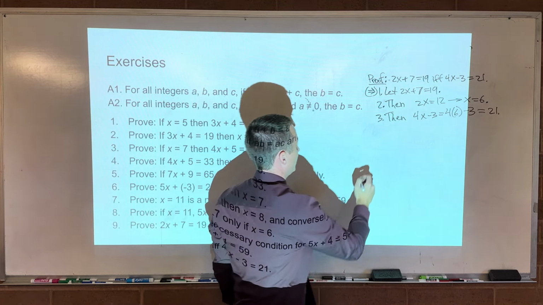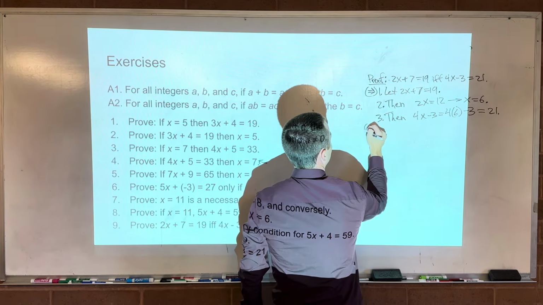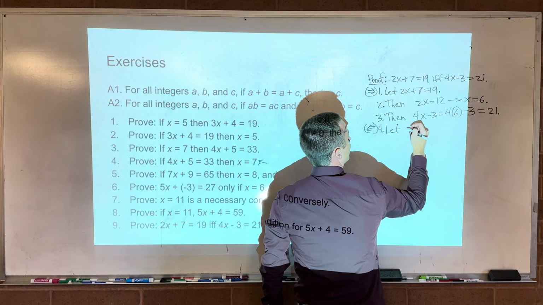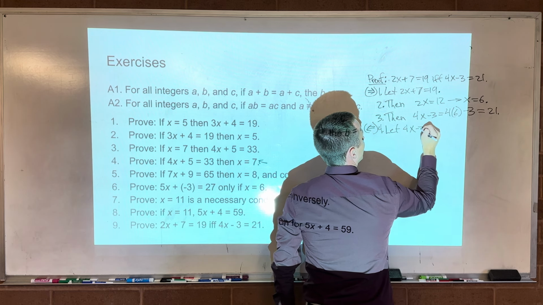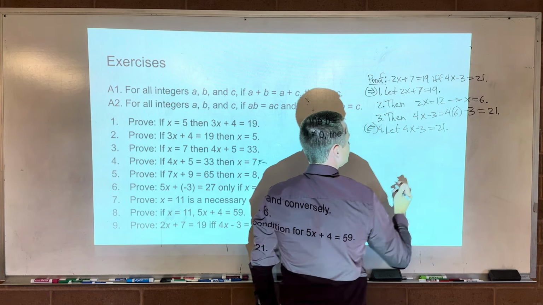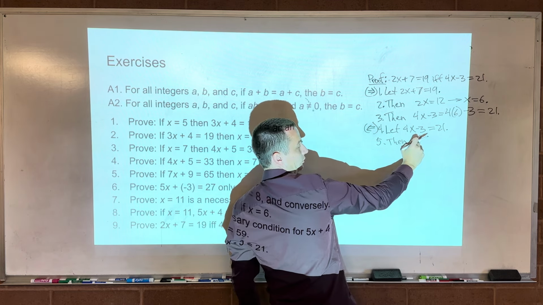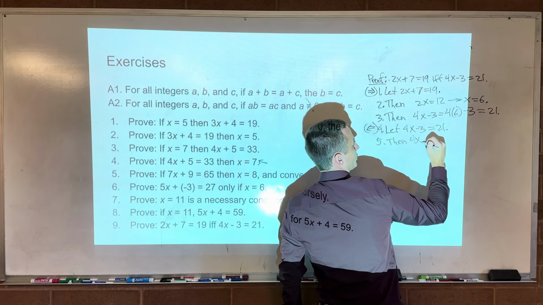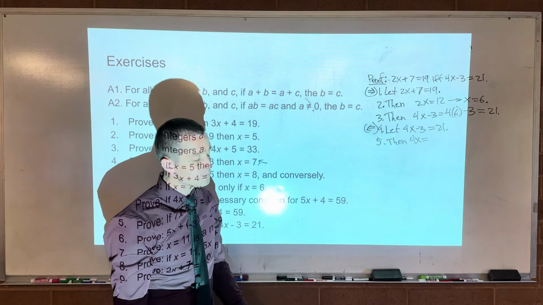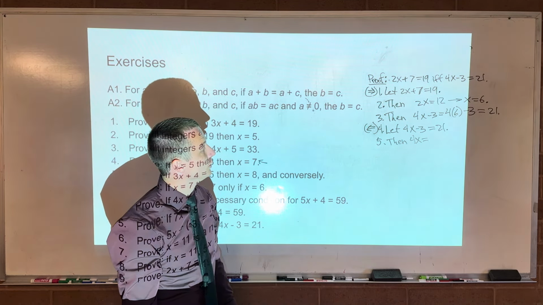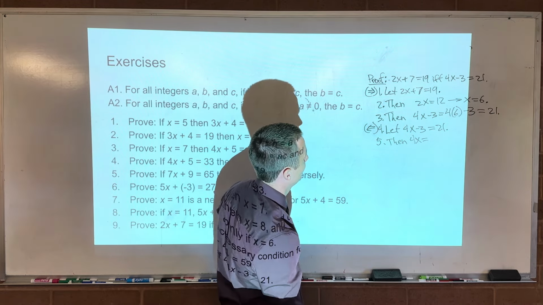Now I need to prove it the other way. So now we let 4x minus 3 equal 21. Then subtract 3 from both sides. We get 4x is equal to what? Oh, what did I write?